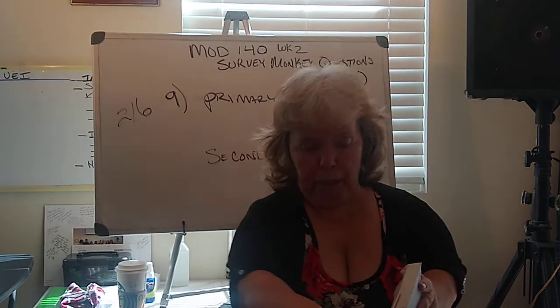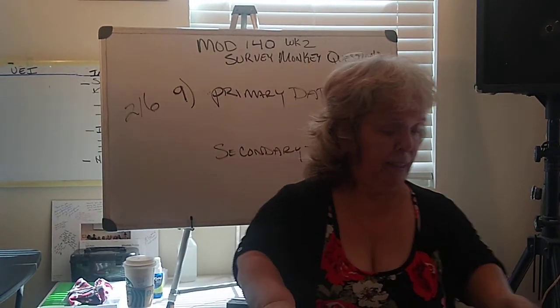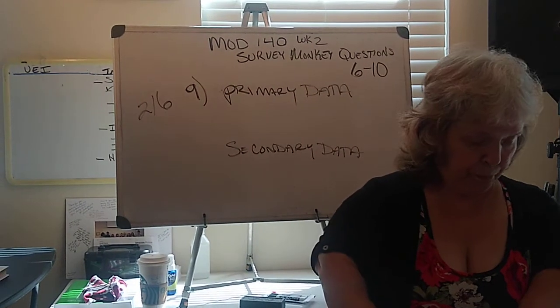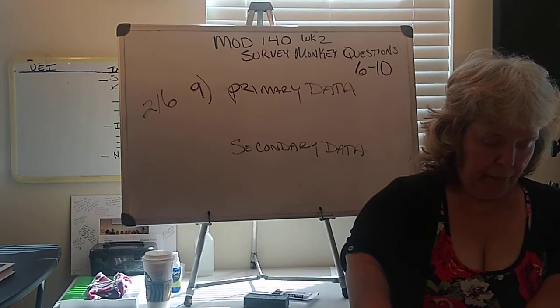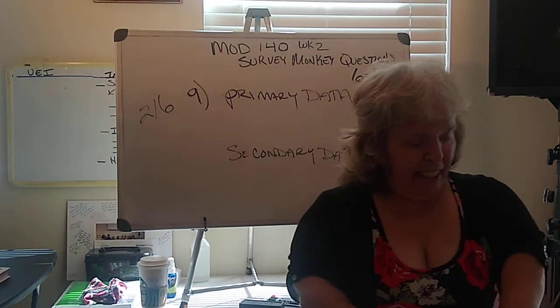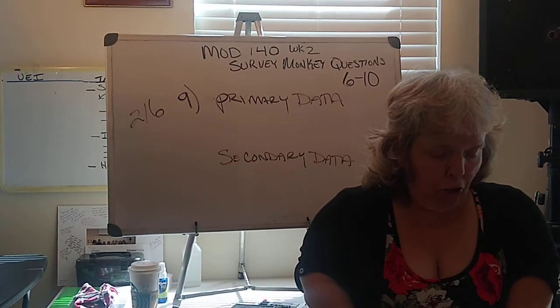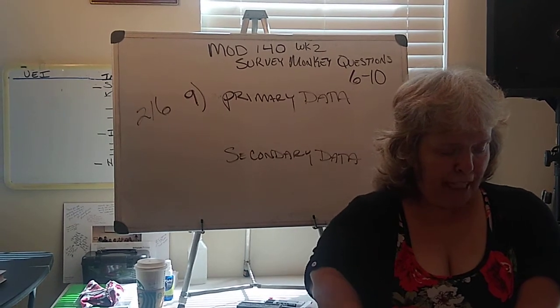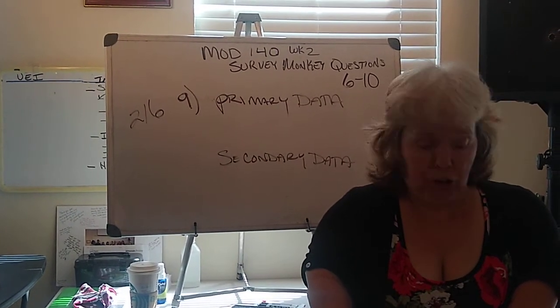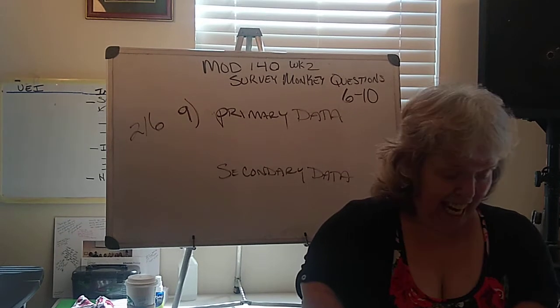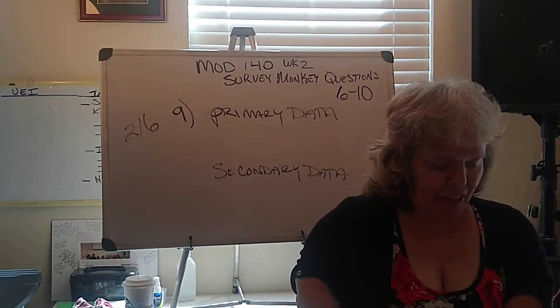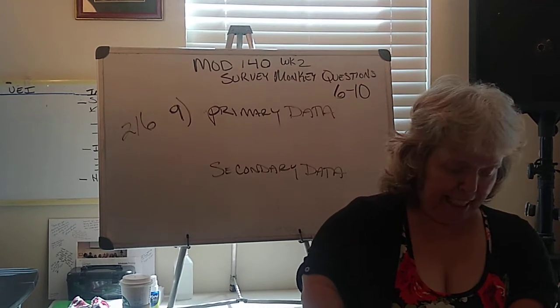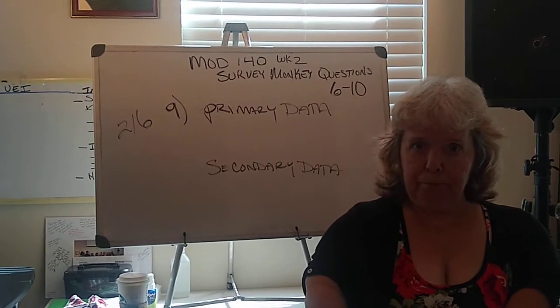About the middle of the page, it says, secondary data are facts and figures that have already been recorded prior to the project at hand, whereas primary data are facts and figures that are newly collected for the project.